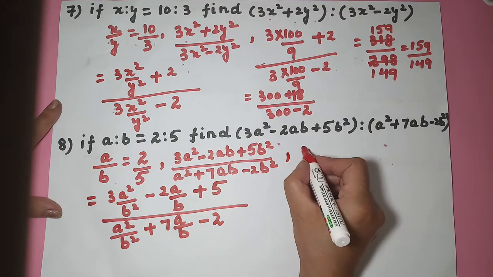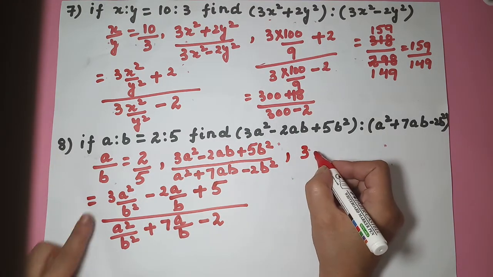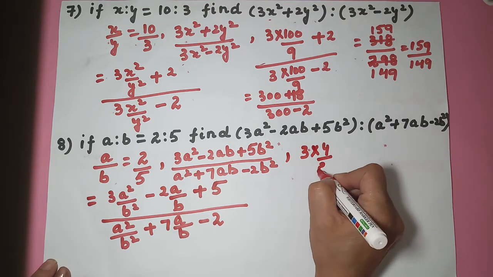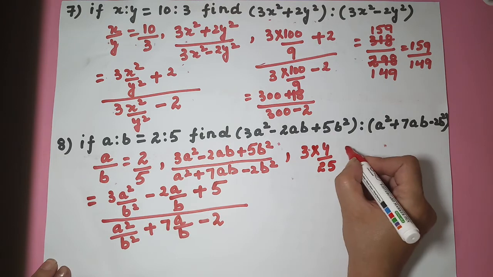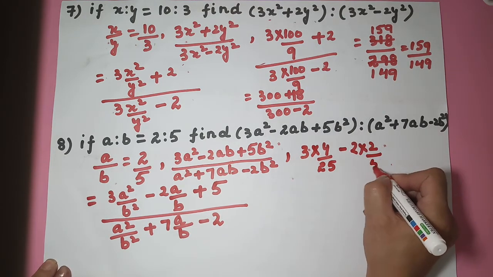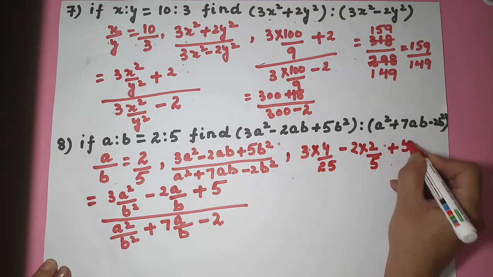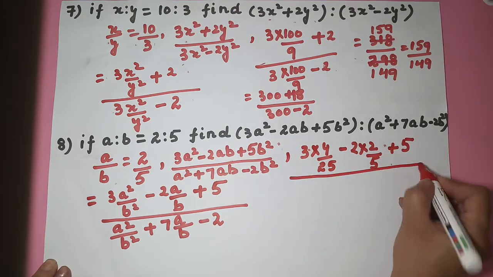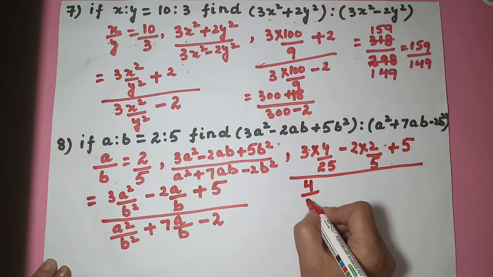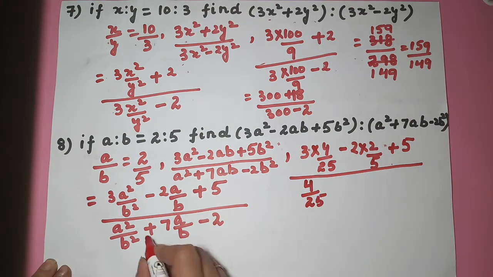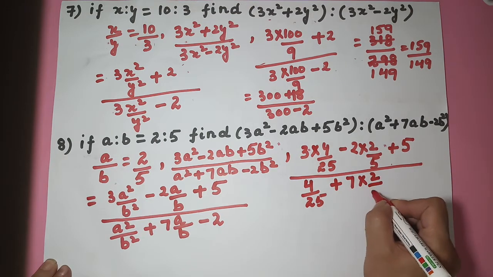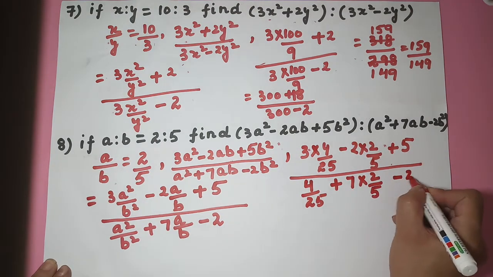So let's try that. We got 3 a square by b square means 3 into 4 by 25 minus 2 into 2 by 5 and then plus 5. Similarly, in the denominator, we are going to get 4 by 25 plus 7 into 2 by 5 and then minus 2.